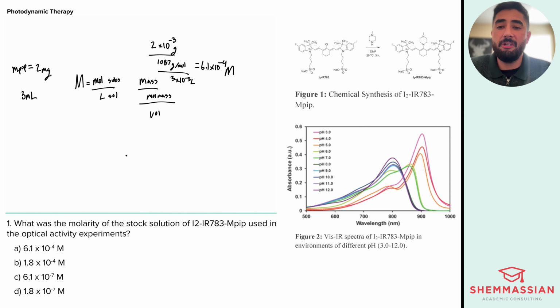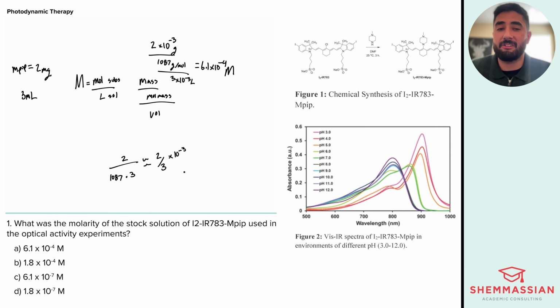What would be remaining is 2 divided by 1,087 multiplied by 3. So we have 2 in the numerator, 1,087, and 3 in the denominator. And that would approximate as something that is around 2/3 times 10 to the -3.